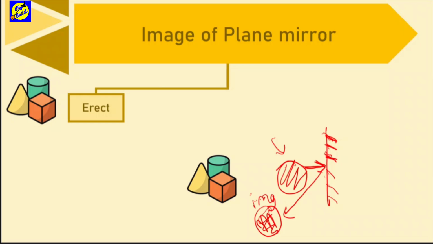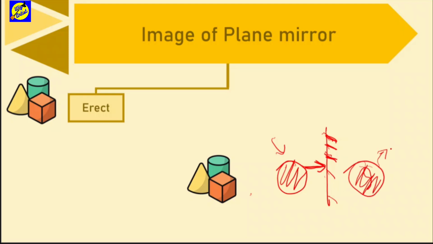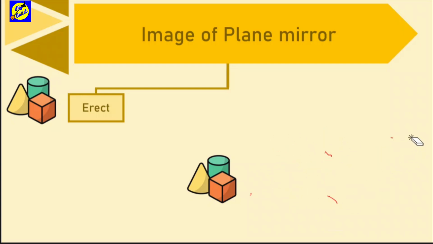So the thing that we're placing in front of the mirror is the object, and the reflection that we are perceiving in the mirror is the image. It's not basically that the reflection is on the mirror, but in sense, it's present over here. So quick clearing of what is an object and an image.